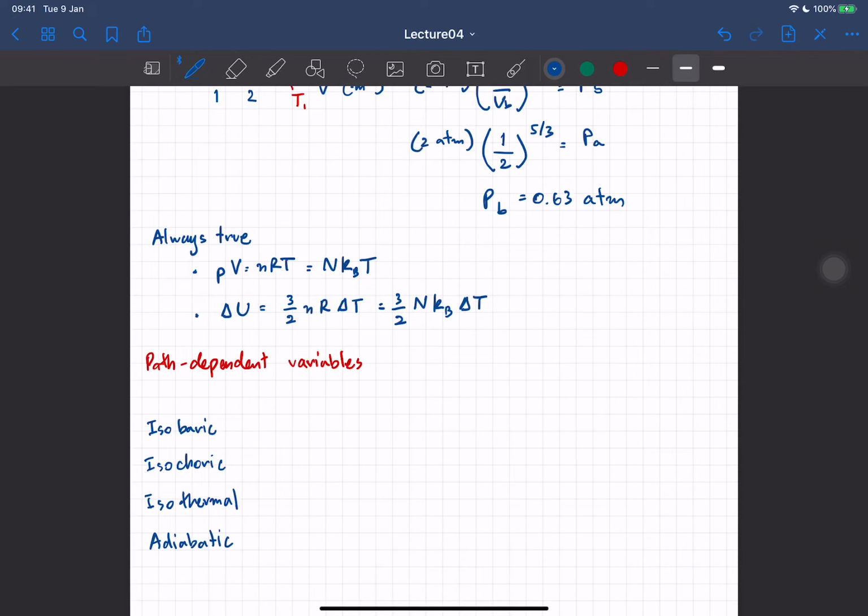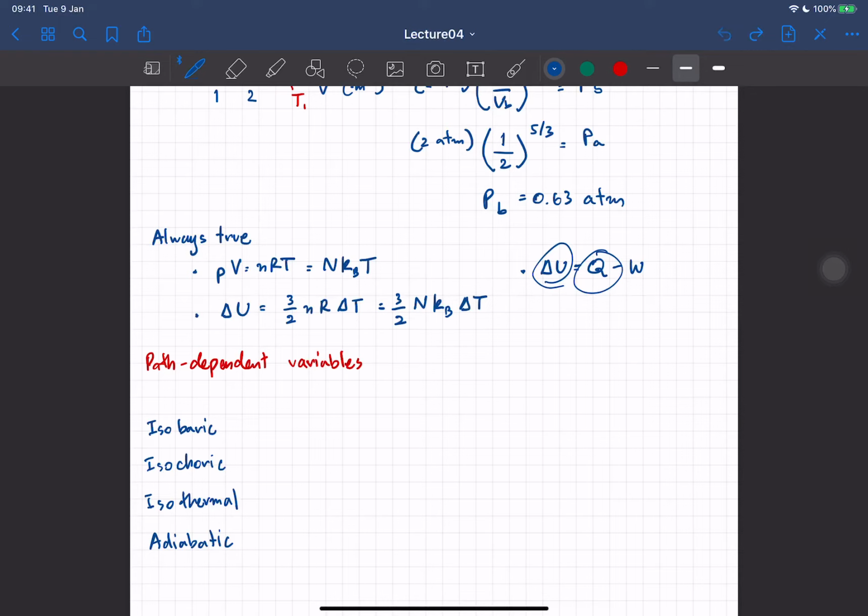And maybe I should write the other one, which is the first law of thermodynamics. But I think it should be clear to you that the first law of thermodynamics should always be true. Again, it's just the conservation of energy. But anyway, I'm writing this down because normally when you calculate these processes, you want to know one of these 3 variables.